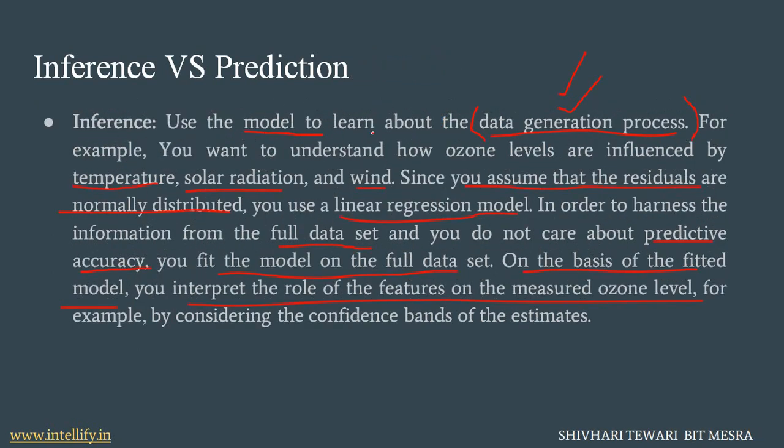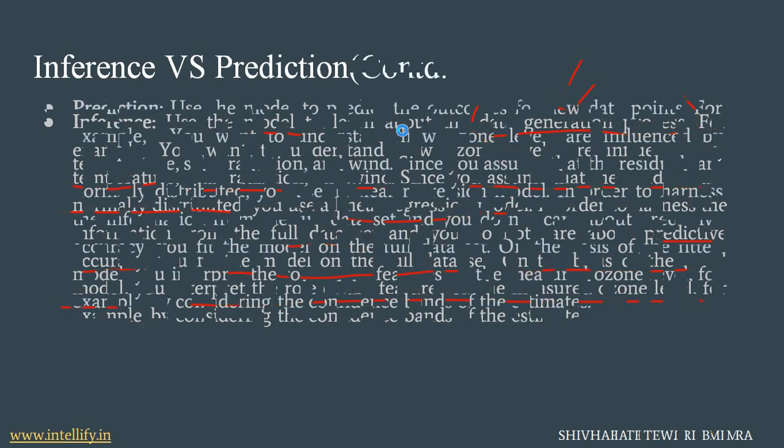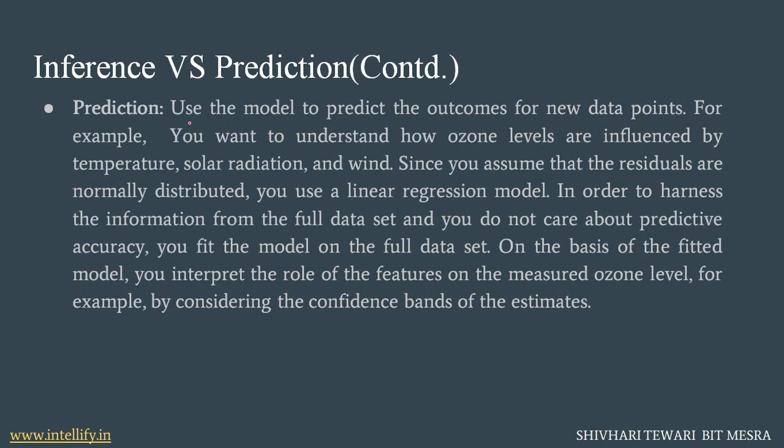Here we have used the model to learn about the data generation process. In prediction we are using the same model to predict the outcomes for new data points. That means on the basis of our old results we are going to predict what will happen in the future and what the outcome will be in the future.